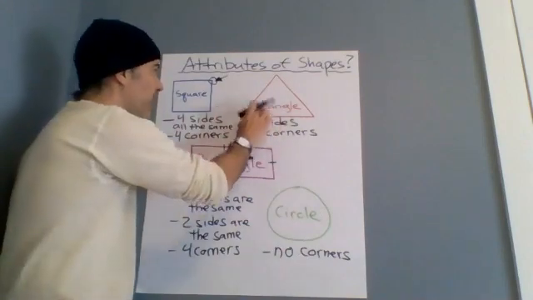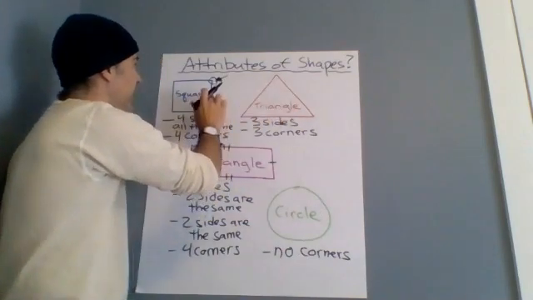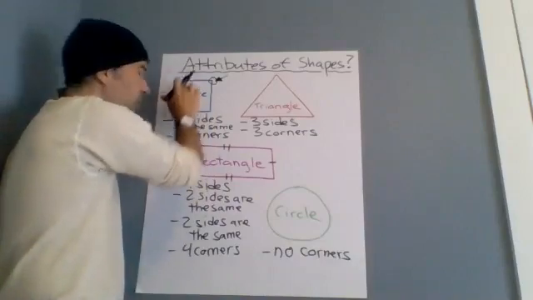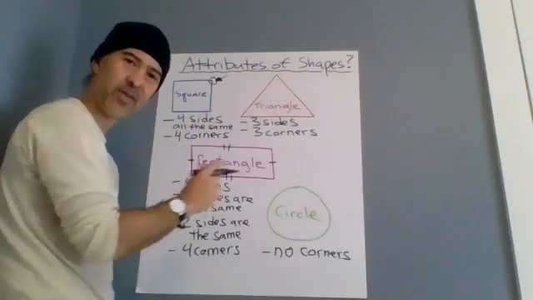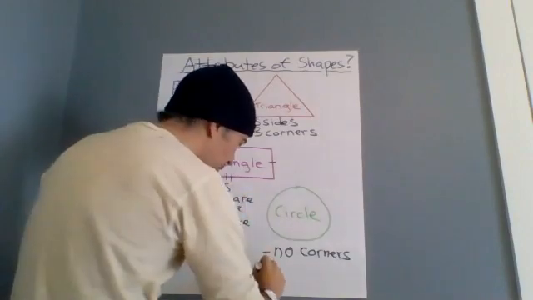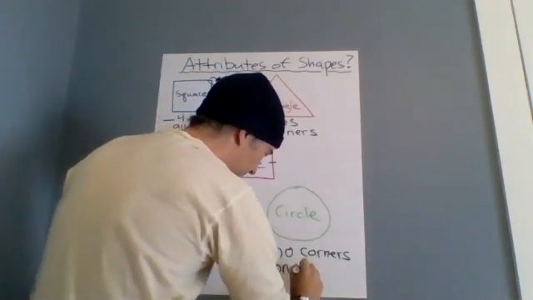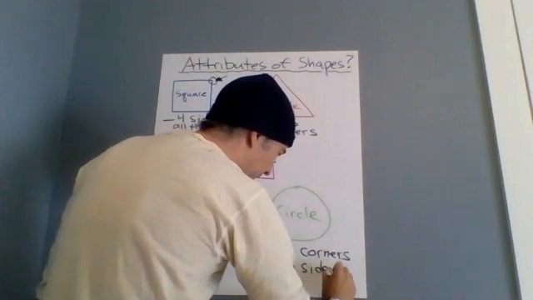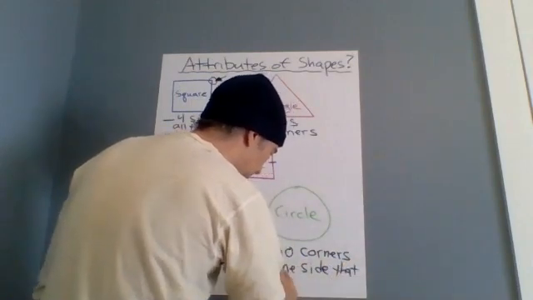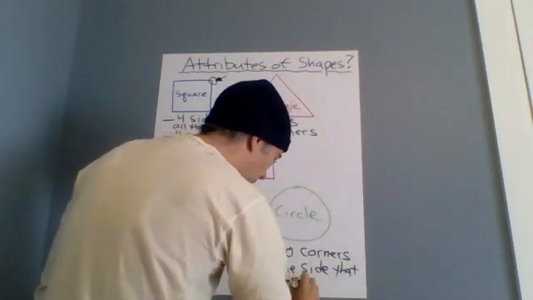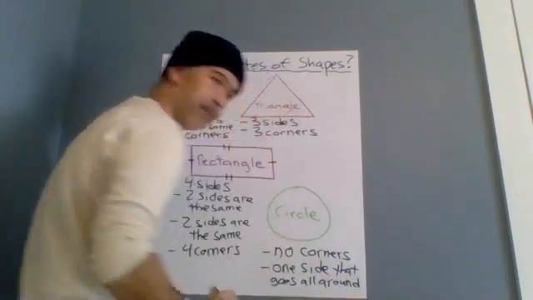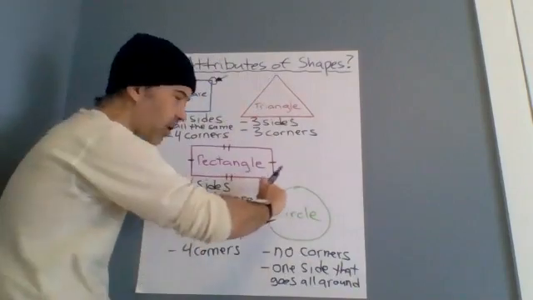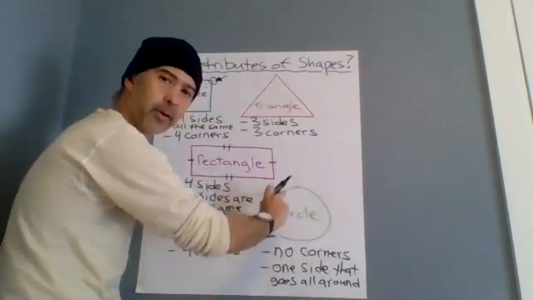A triangle has 1, 2, 3 sides. And a square has 1, 2, 3, 4 sides. What do you think? I'm going to say a circle has one side that goes all around.